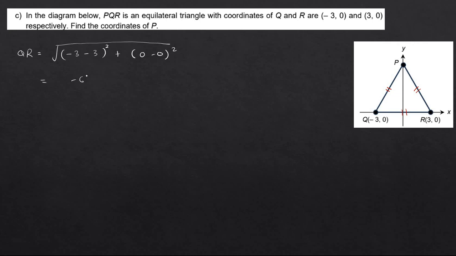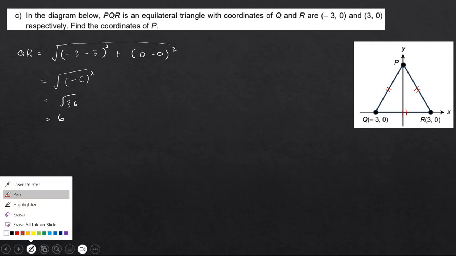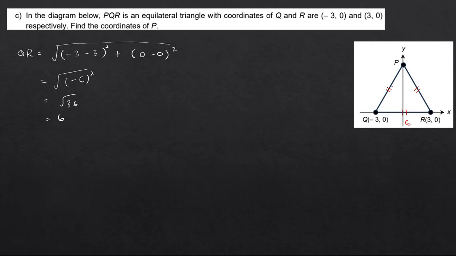Negative 3 minus 3 is negative 6 squared. Negative 6 squared is 36. Square root of 36 equals 6. So the distance here is 6. Means that the distance from Q to P is also 6, and the distance here is also 6.